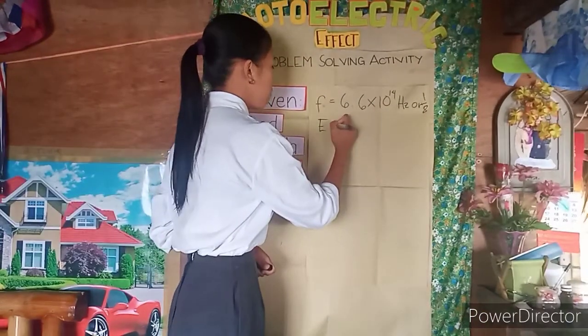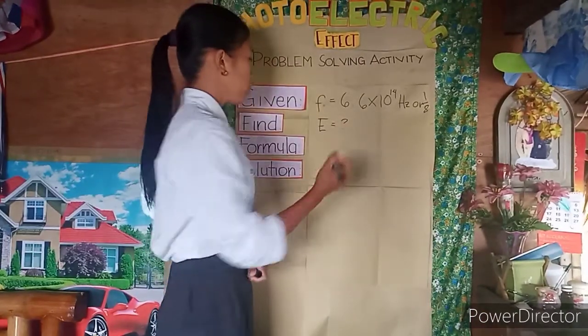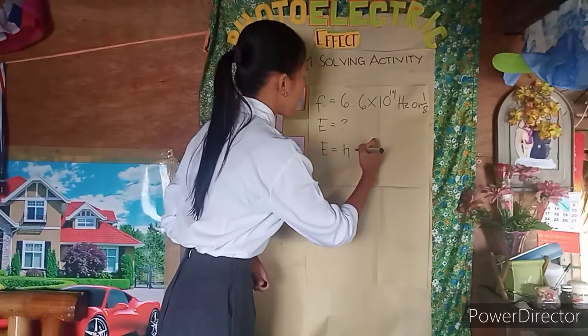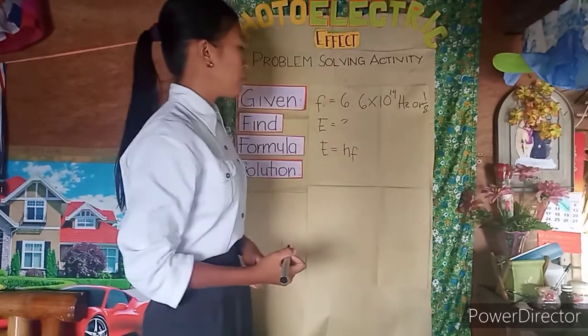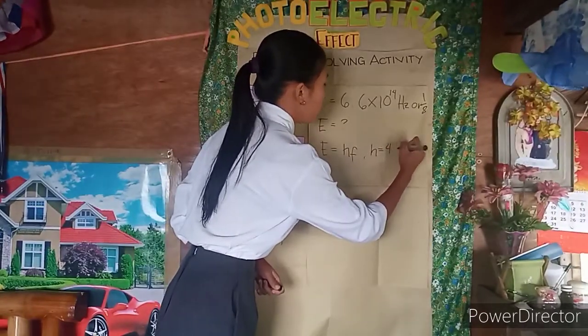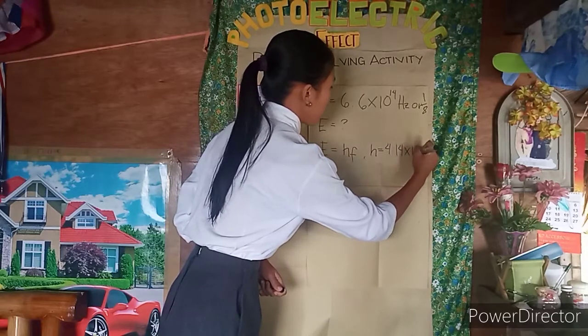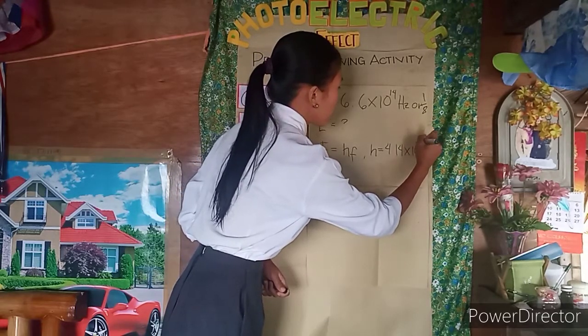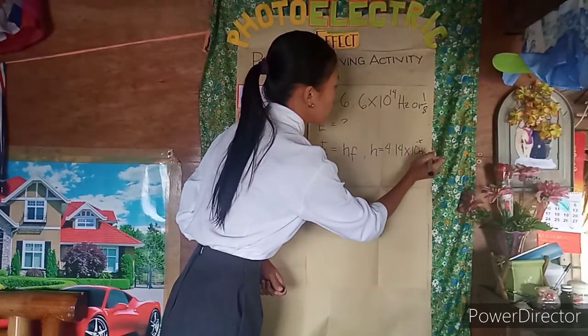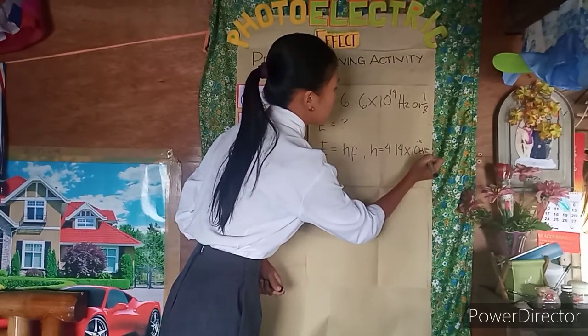In order to find the value of the energy, we can use the formula E is equal to the product of the Planck's constant h and the frequency, where h is equal to 4.14 times 10 raised to negative 15 electron volt times second.